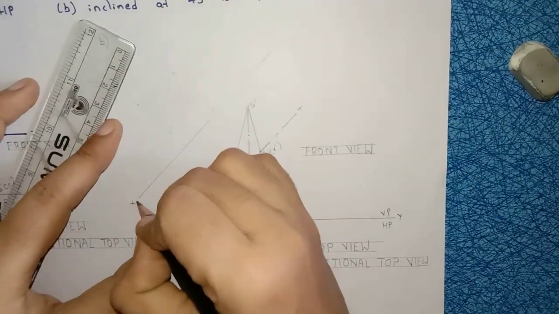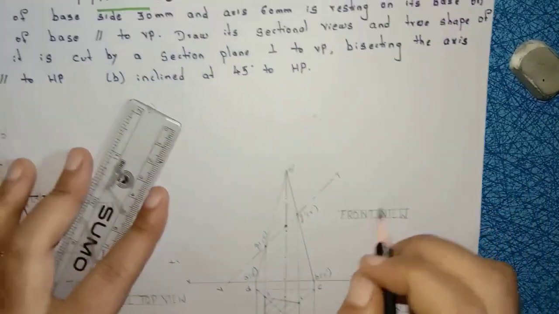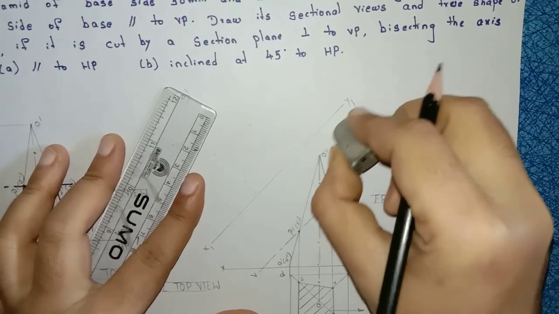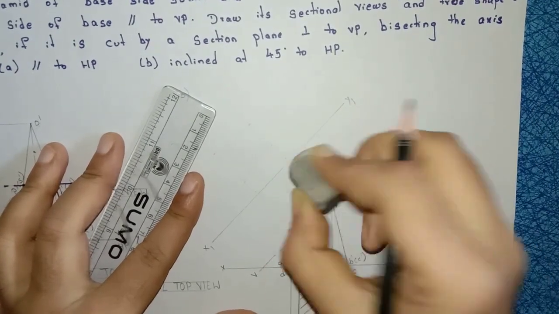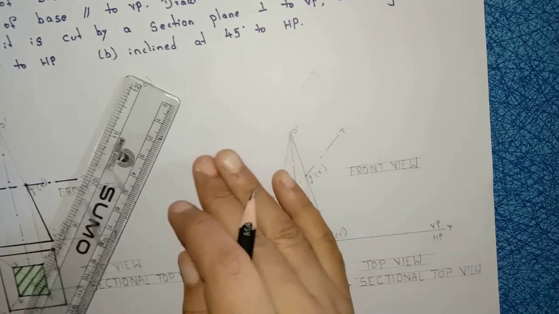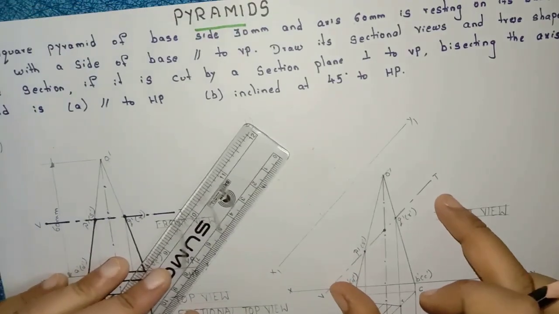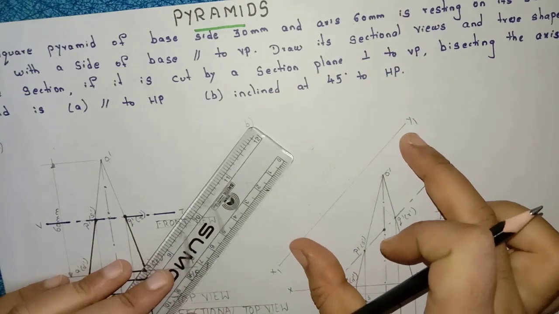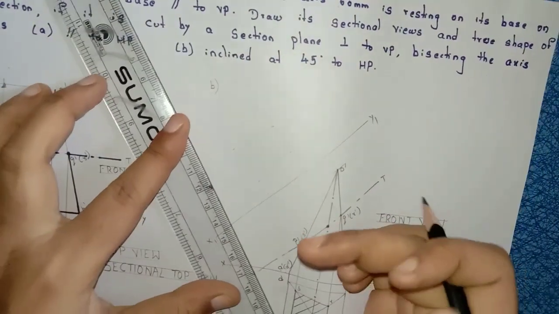So name this here x1, y1, right? Whenever the sectional plane is in inclination manner, you should draw an auxiliary view. So exactly parallel to this one, you can leave any distance here. Exactly parallel to this, just draw an auxiliary view x1, y1.